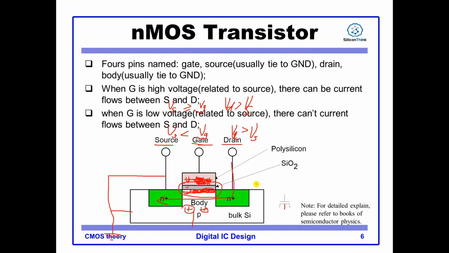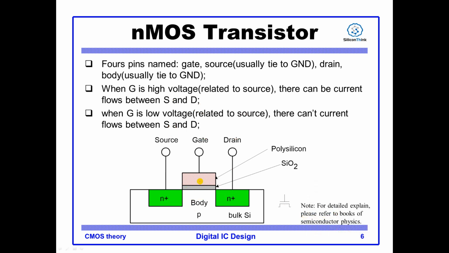So at this point, you can imagine there must be a threshold. There must be enough voltage difference between gate and source that can cause enough positive charge here and attract enough negative electrons here. Then let the negative electrons connect the source and drain.